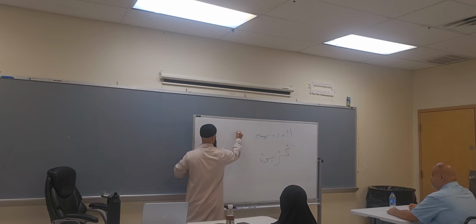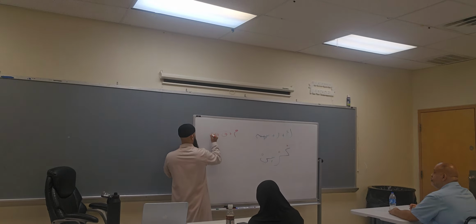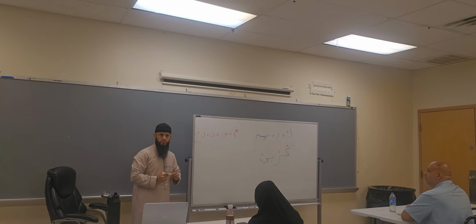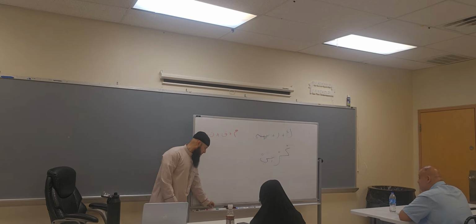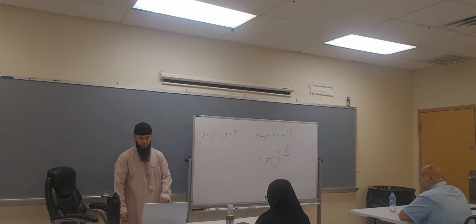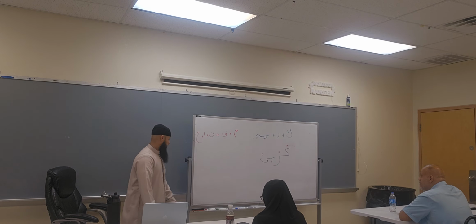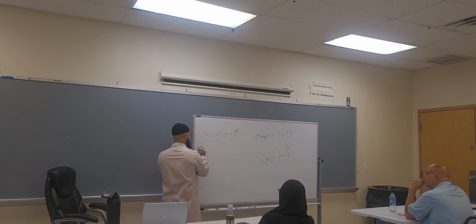We have ma, and then fa, and then ta, and alif, and then ha. Did we give this before? We did? So, here you see that this is the beginning, and this is the end.